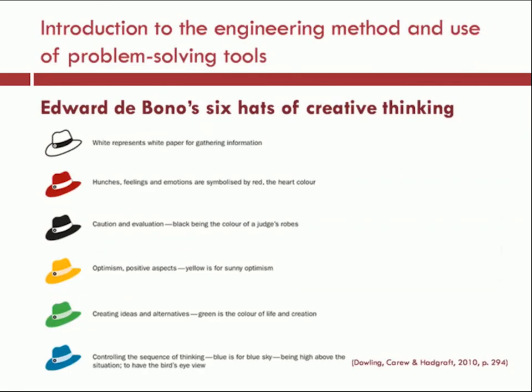I mentioned on the previous slide Edward de Bono's 6 hats of creative thinking. These tease out what is happening when we are wearing each of those hats. So, for example, if we have a new problem to be addressed, to be solved, we need to gather some information around that problem, we all put on the white hat. So that represents gathering information. Again, helping to keep us focused.